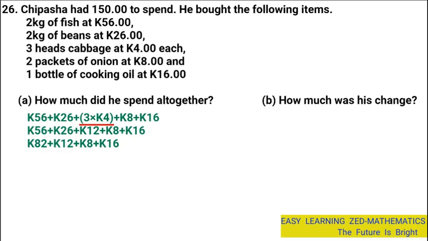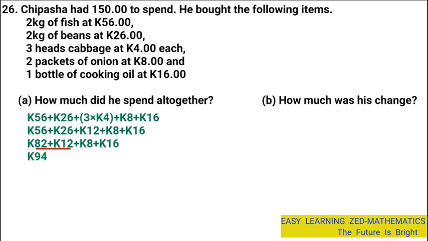Then 12 kwacha, 8 kwacha, and 16 kwacha, I've copied them the way they are. Once I've done that, the next thing I'm going to do is add 82 kwacha plus 12, the ones I've underlined. So 82 kwacha plus 12 will give me 94 kwacha, which will be added to 8 kwacha and 16 kwacha.